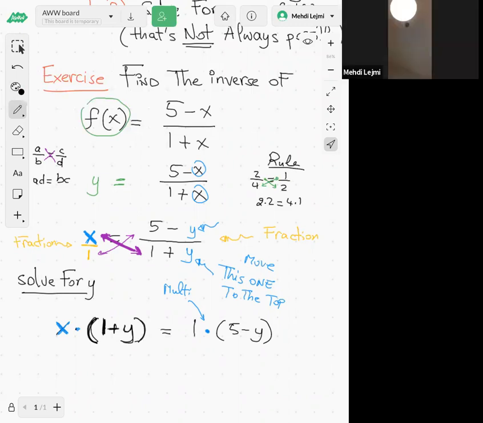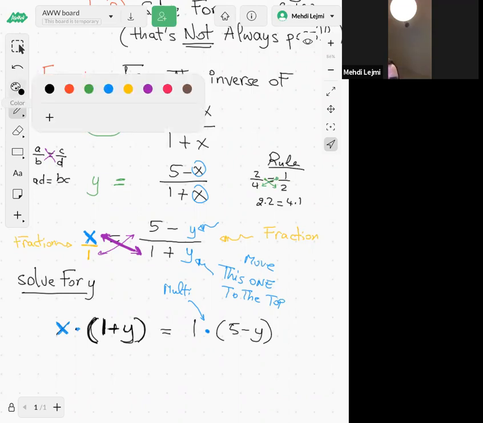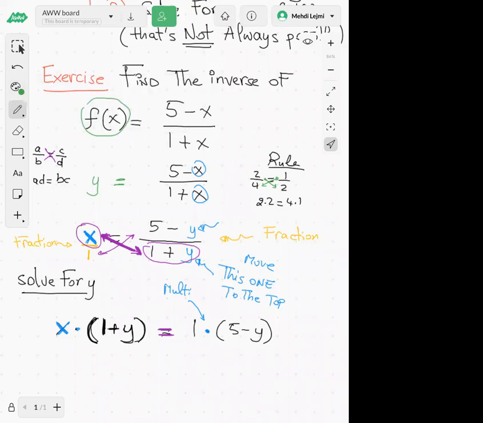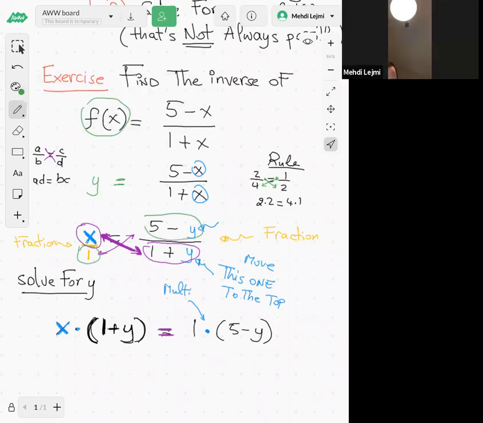No. Okay. So again, I cross multiplied. I took this x, I multiplied by this 1 plus y. Okay, and then that's equal. And now you multiply this one here by this 5 minus y. So as I said, you cross multiply.